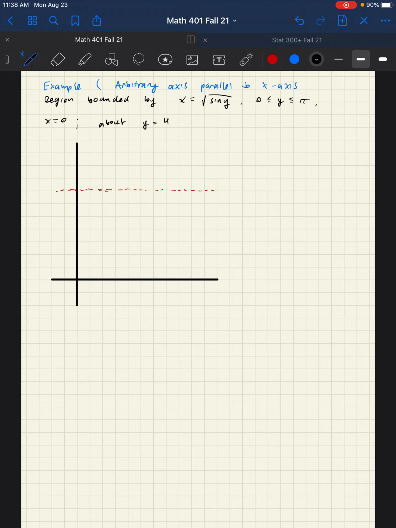This is our axis of revolution. And specifically, our only piece here that we're talking about for this function is going to look something like this. So this is x equals square root of sine y. Feel free to graph this yourself if you'd like, just to verify that this is what it looks like. So just to clarify, this is 4, here's pi, here's 0.